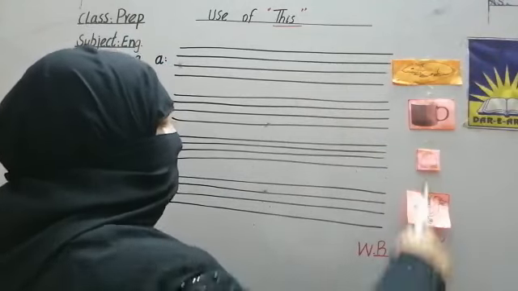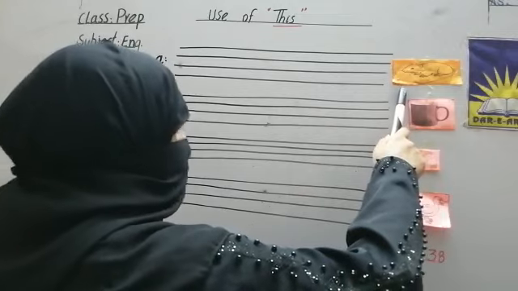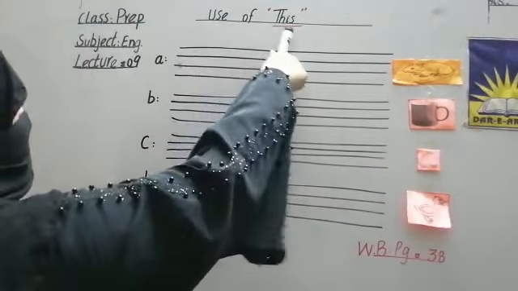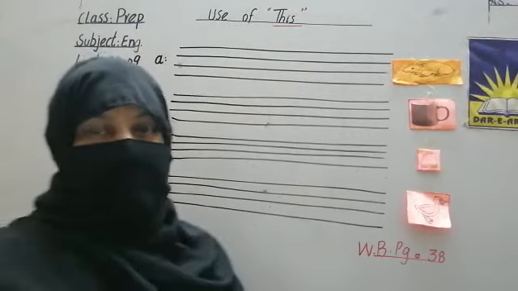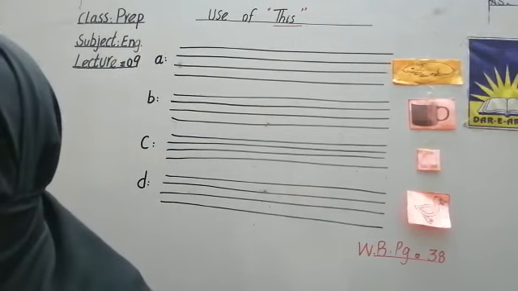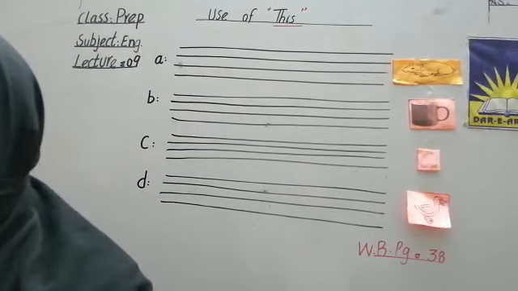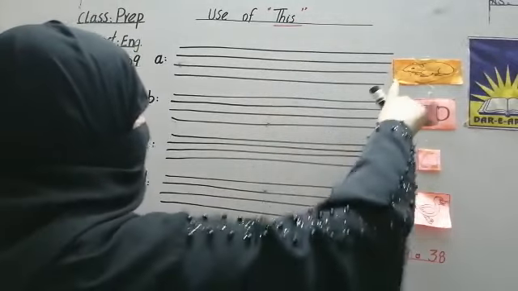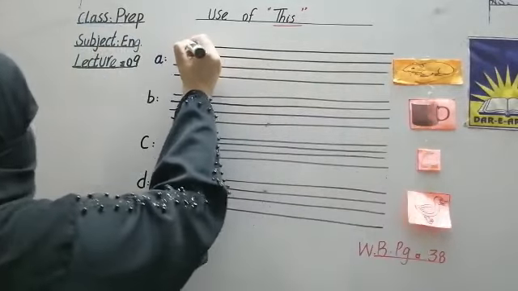Good. This is a rat. So we use this today. Make sentences by using this. And what is it? Rat.